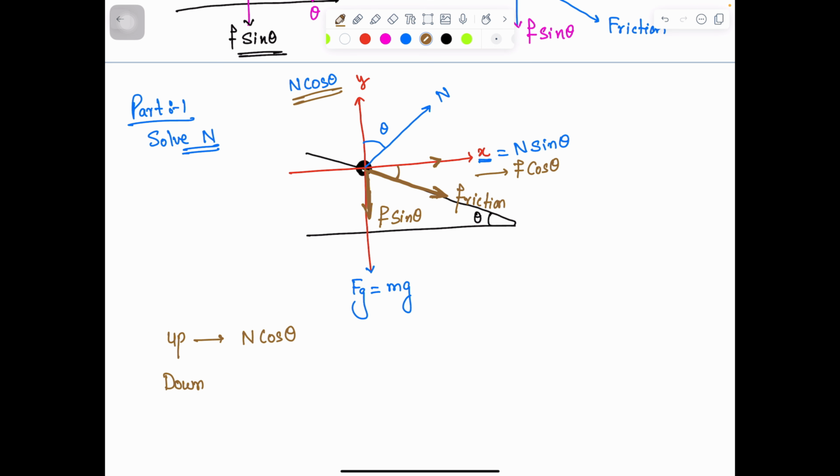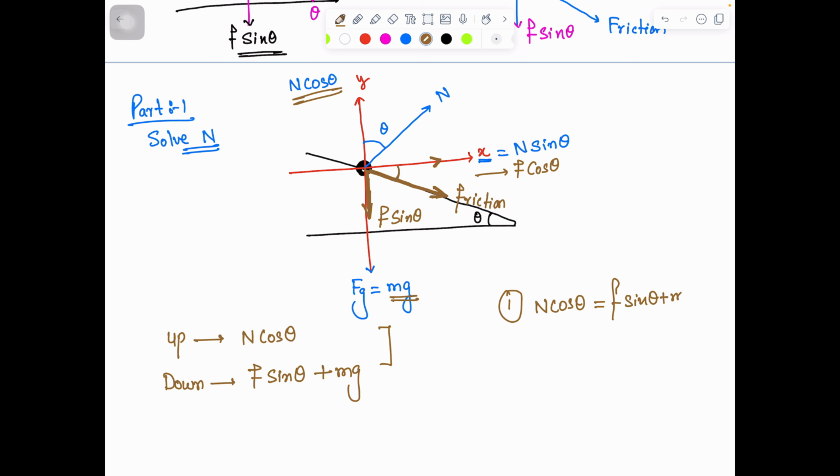And down, how many things are there? One is mg, one is f sine theta. So can I say down values are f sine theta plus mg, yes or no? So this is your first equation: n cos theta is equal to f sine theta plus mg. This is your first equation.